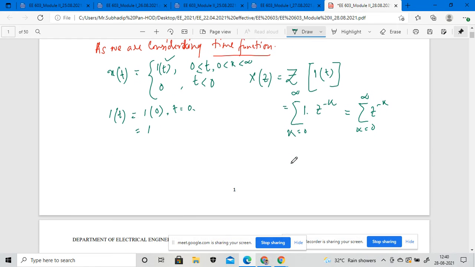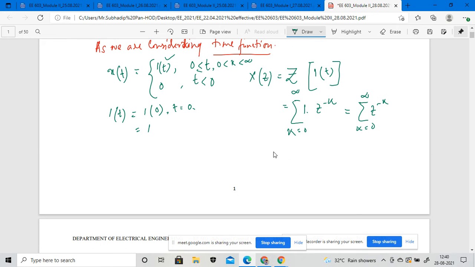If I expand this equation, it will come like 1 plus z inverse plus z to the power minus 2 plus z to the power minus 3 plus dot dot dot.